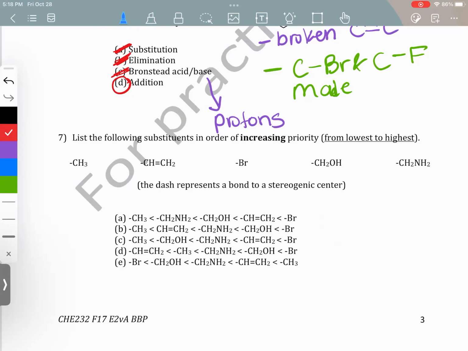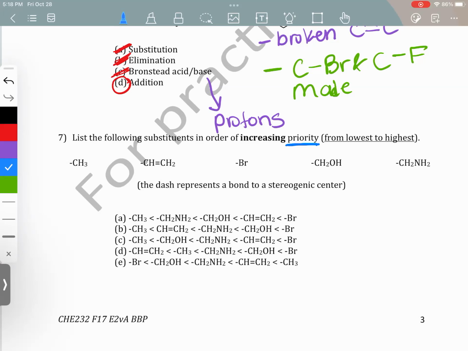List the following substituents in order of increasing priority, so from lowest to highest. When we're dealing with priority, we like to use the periodic trends. The first trend you would pay attention to is the atom size, because atom size has a huge effect on electron energy.